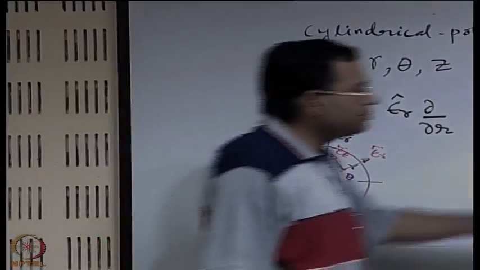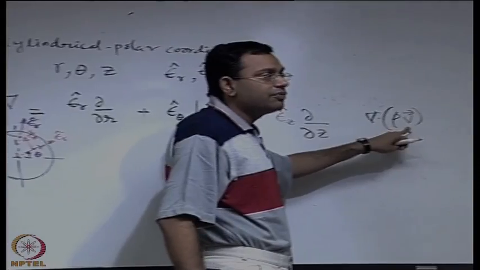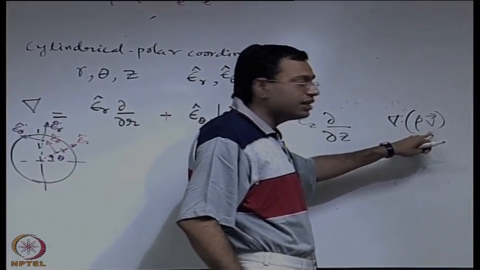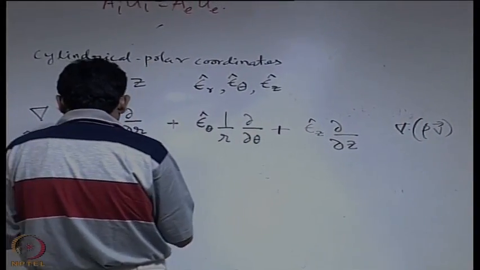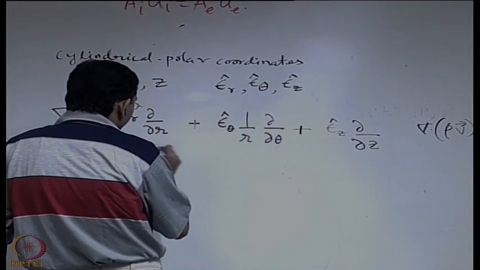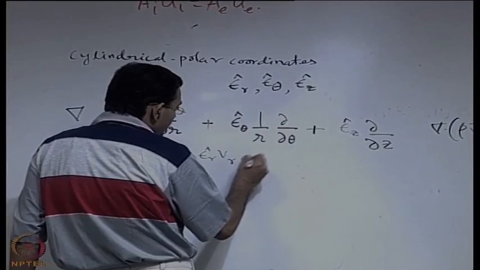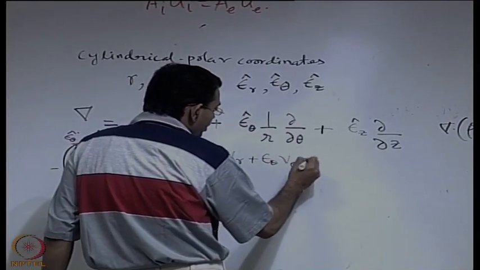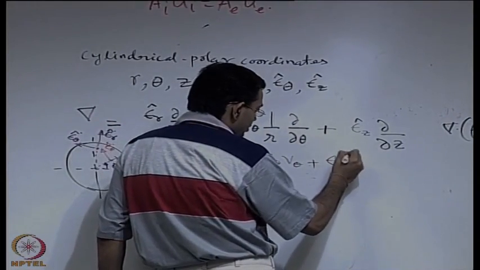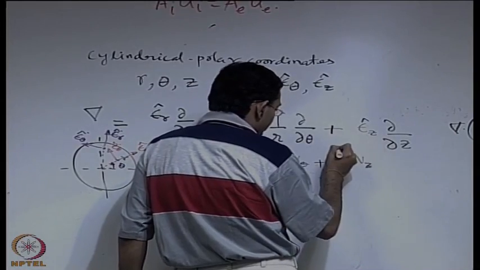When you write v, you also write v in terms of its r, theta and z components. So when you write v, it is epsilon r vr plus epsilon theta v theta plus epsilon z vz.